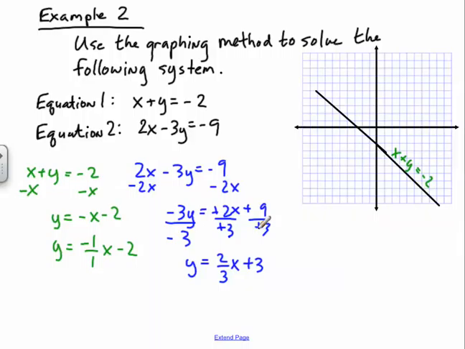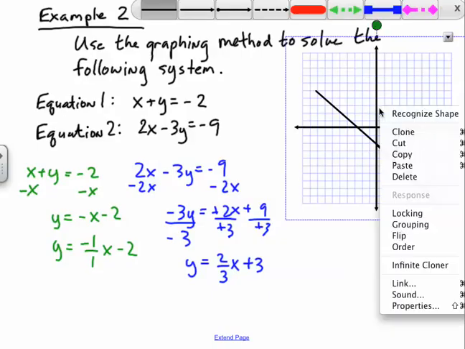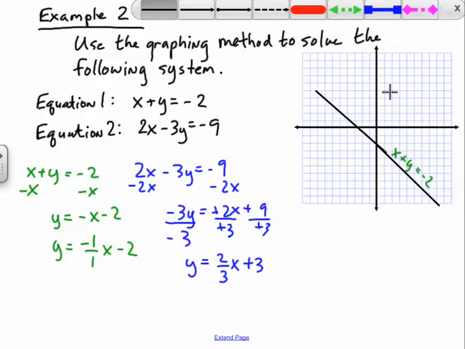Alright, so let's see how I graph this thing. My y-intercept is at 3, and it goes up 2 and over 3 every time. Let's see if I can do that a little bit better, guys.